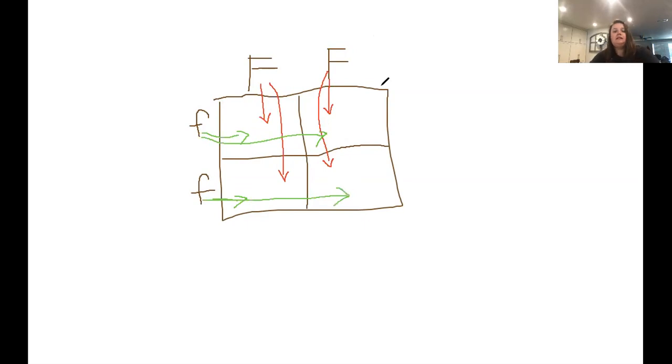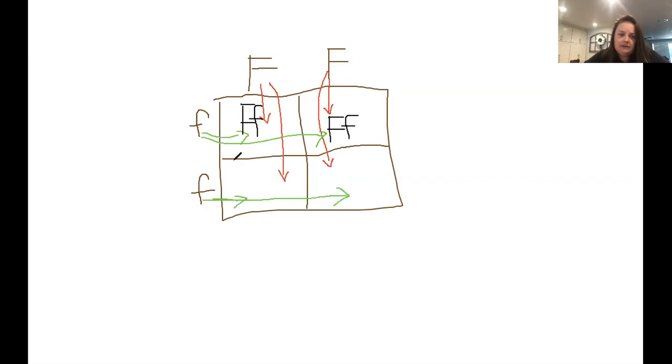So what that means is that in this box, we get a capital F from up top and a lowercase f from here. In this box, we get a capital F from up top, and we drag this one all the way over and get a lowercase f over here.